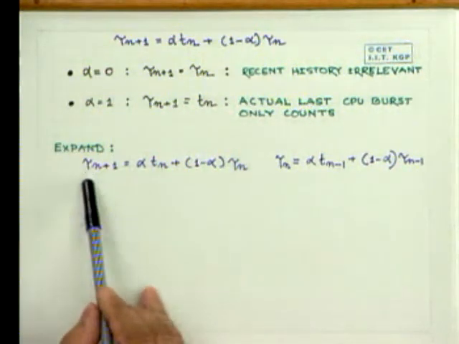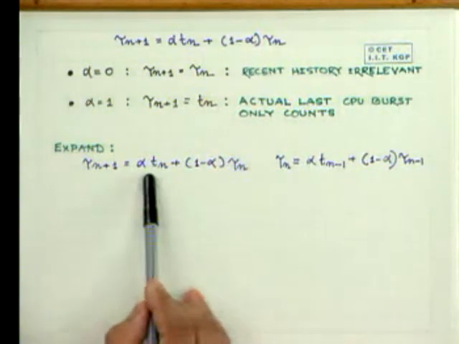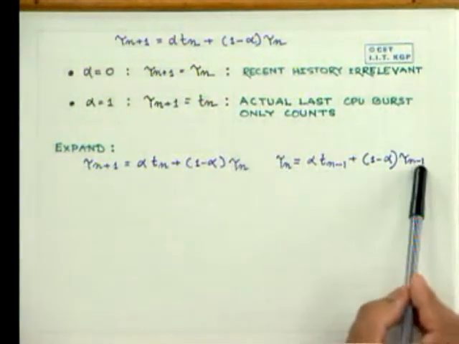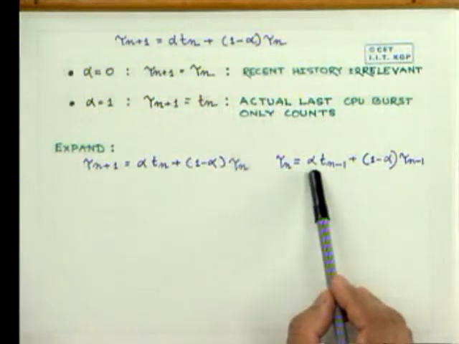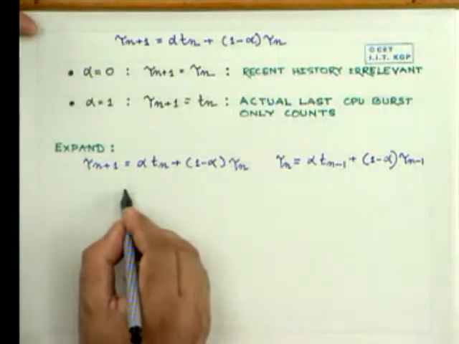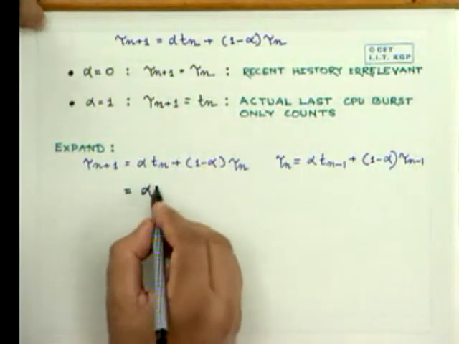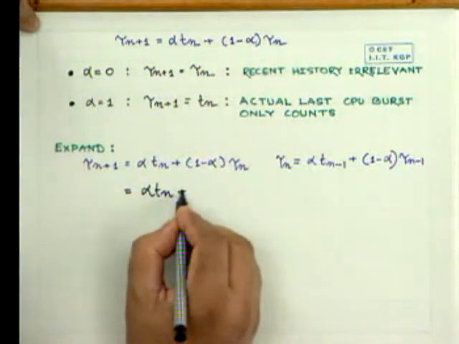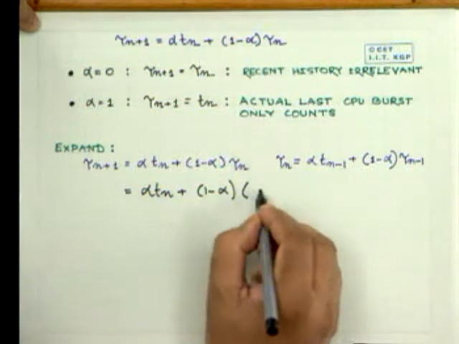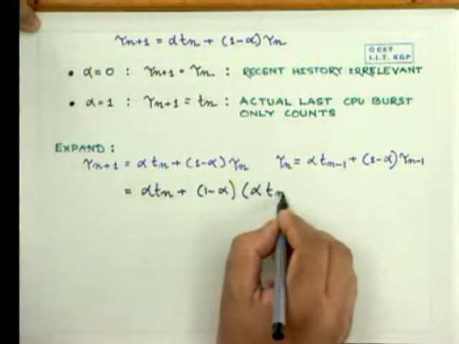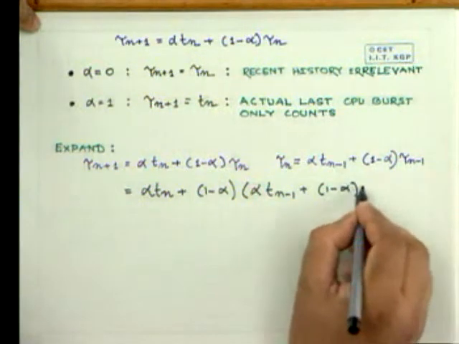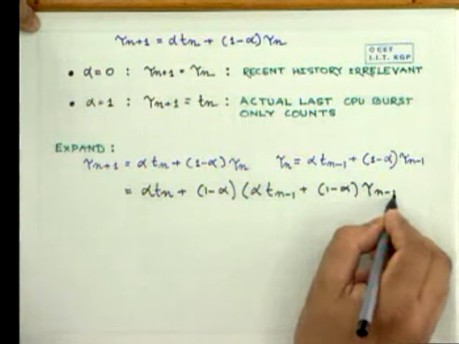Now, if you expand tau n plus 1 by replacing tau n by its expression, tau n naturally will be alpha Tn minus 1 plus 1 minus alpha into tau n minus 1. Let us see what we get. It turns out to be alpha Tn plus 1 minus alpha into alpha Tn minus 1 plus 1 minus alpha tau n minus 1.